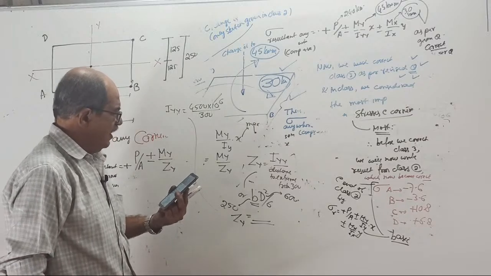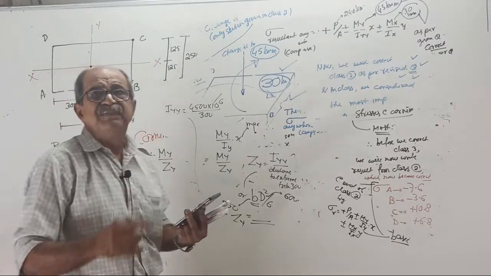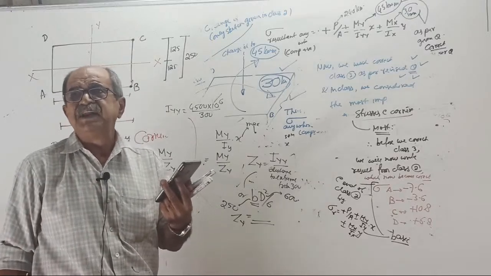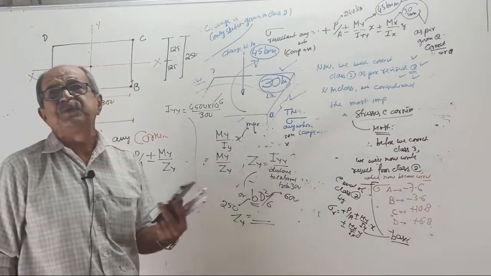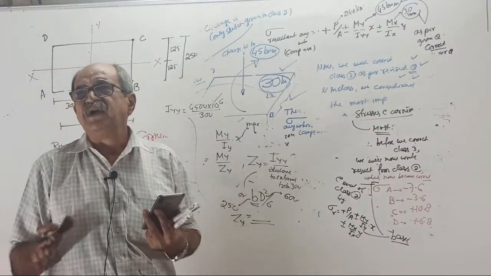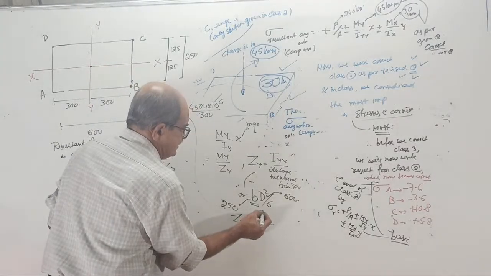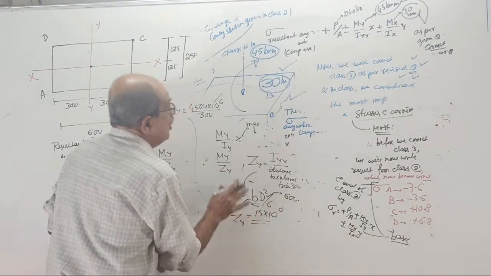How much Z will come? Anyway, this will be explained once again tomorrow because of the foundation case. The very purpose of this problem is for footing, otherwise it is not required. So 15 into 10 to the power 6. That is Z about YY.